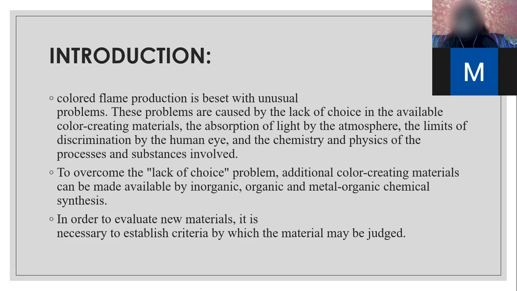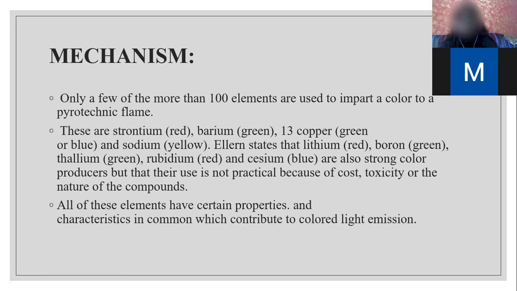In order to evaluate new materials, it is necessary to establish criteria by which the material may be judged. Now, what is the mechanism? Only a few of the more than 100 elements are used to impart a color to a pyrotechnic flame.